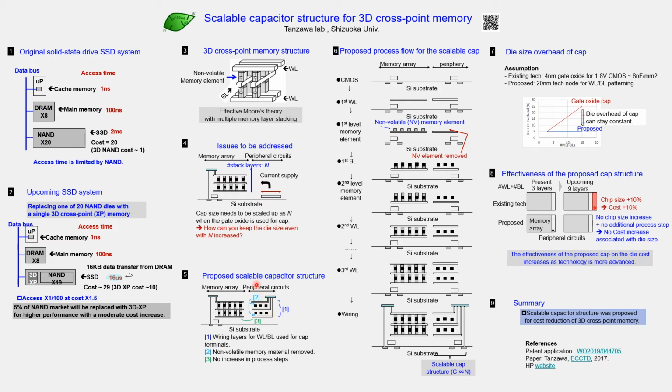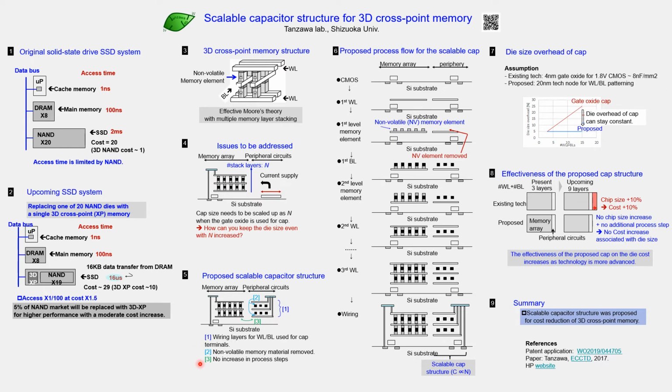So I call it scalable because the capacitance of this structure increases at the same rate as the number of layers, which fits with the parasitic capacitance of the memory array.